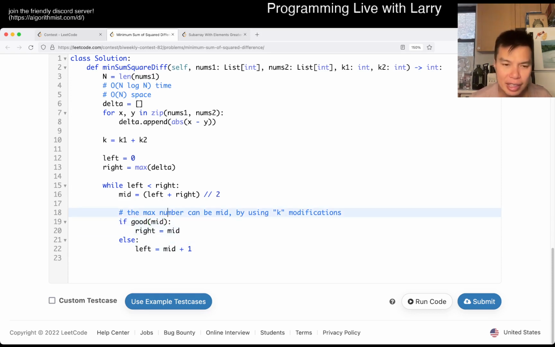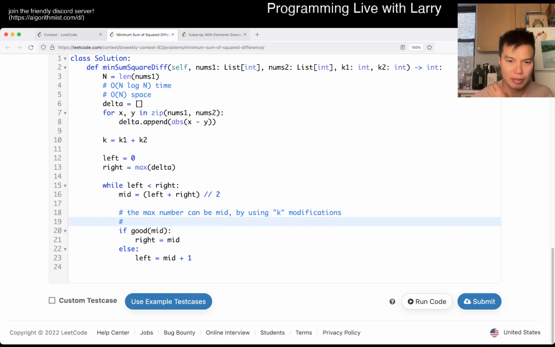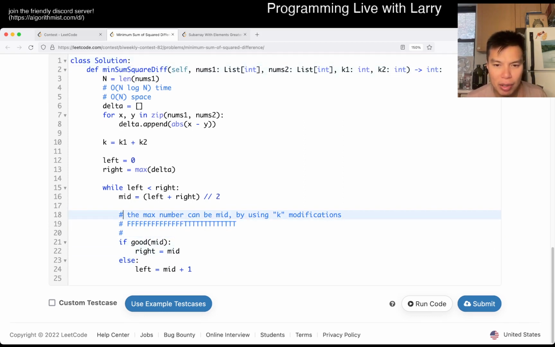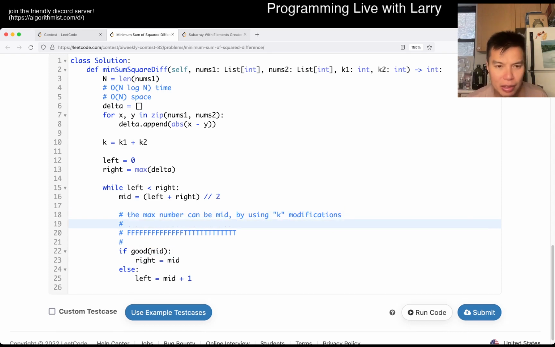So the idea here is that this good function, this question, is going to be false all the way to true, right? Hopefully this makes sense, because if the max number is 0, we will probably use up all the modifications.